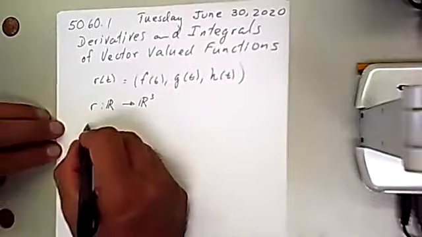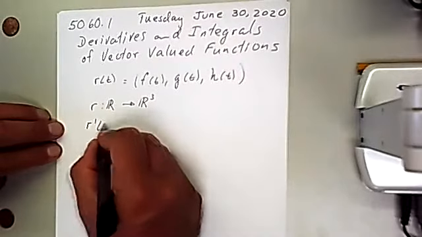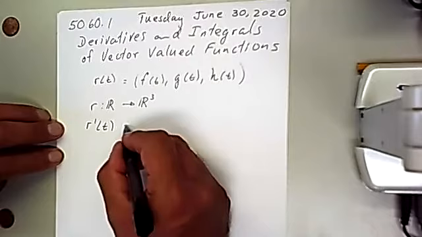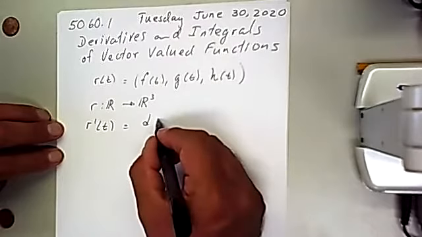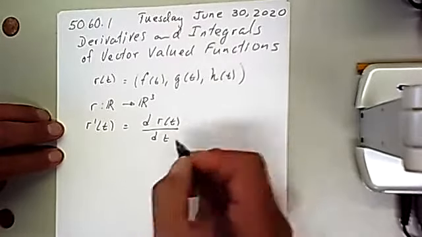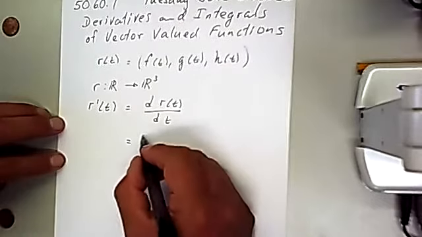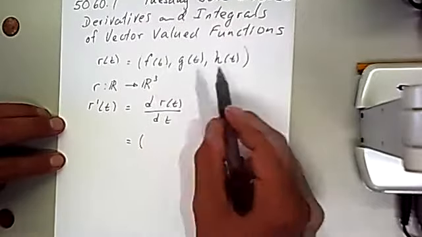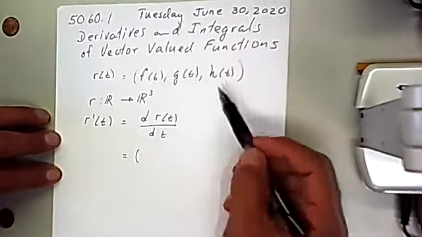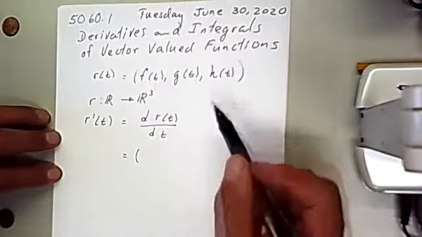The derivative, r prime, or we can use this notation, dr of t with respect to t, is simply the vector whose components are the derivatives of the components of the original vector.